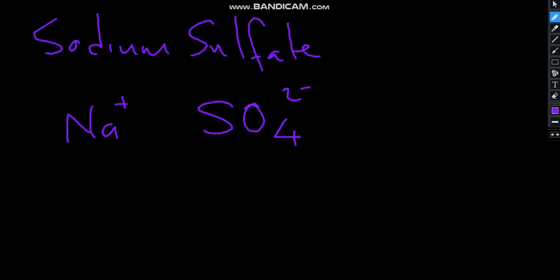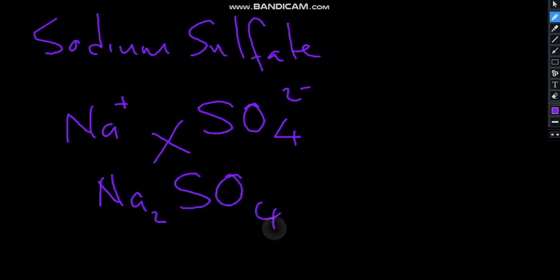So after you know that a sulfate is SO4 2 negative, you crisscross the charges, so it will be Na2SO4. Because sodium has a charge of 1, you just write SO4. So this is sodium sulfate.